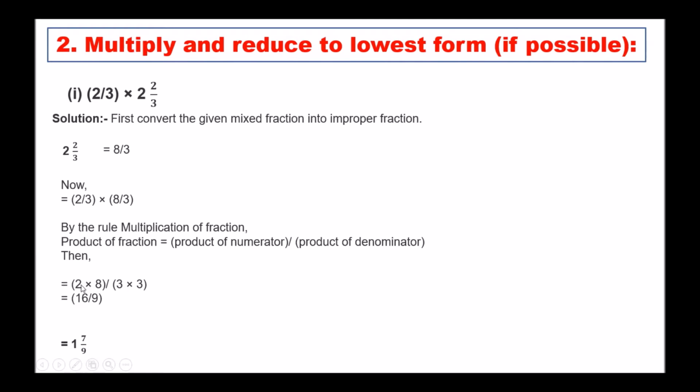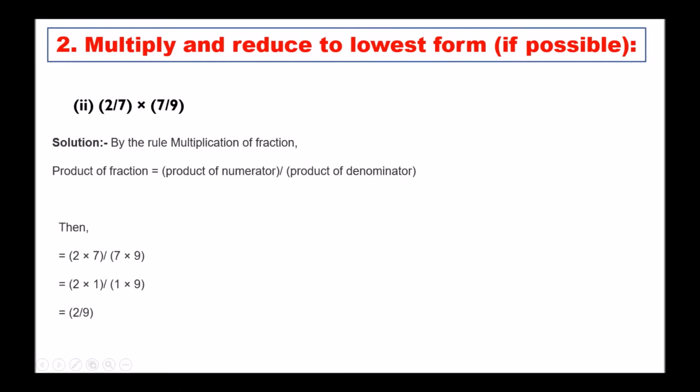So we will multiply the numerators first. So 2 and 8 is the numerator. So 2 into 8 is 16 and 3 into 3 is 9. So 16 upon 9. We can convert this into mixed fraction again. So it is 1 and 7 by 9 is the answer.